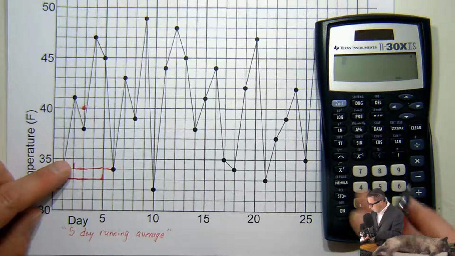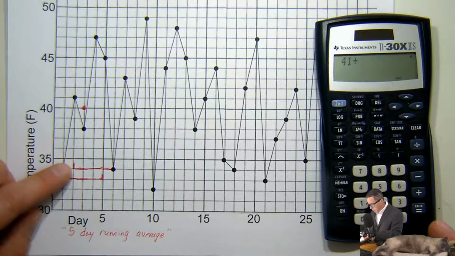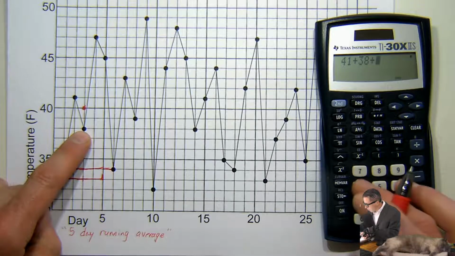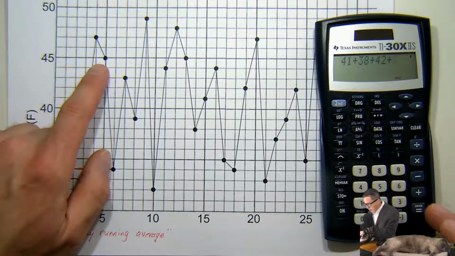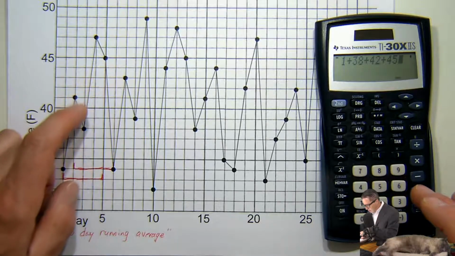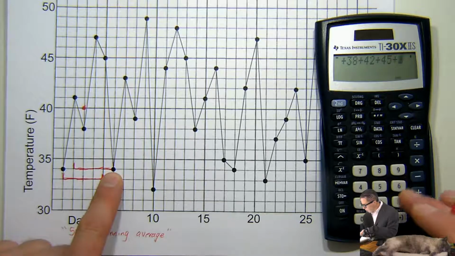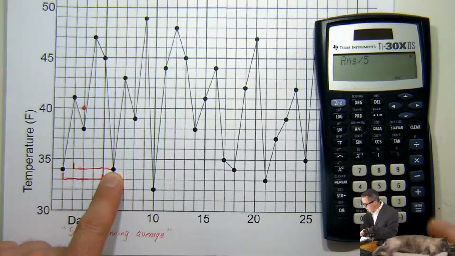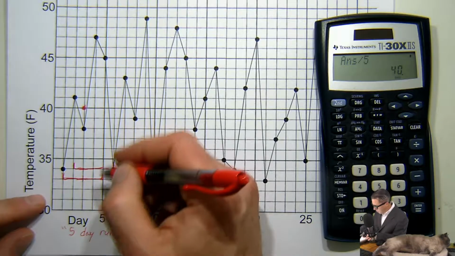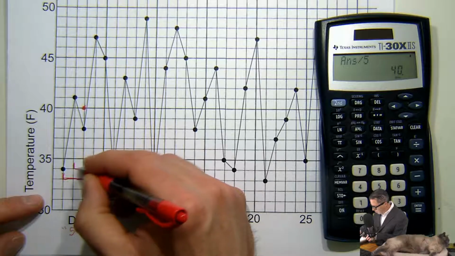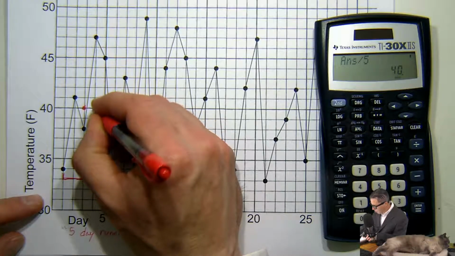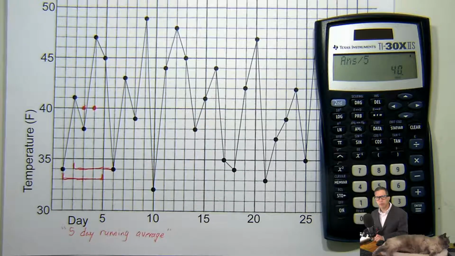All right, so I got 41 and 38 and 42 and 45 and 34 divided by 5, 40 again. Okay, so my new calculation is exactly the same answer as it was before. So I plot that in the middle.